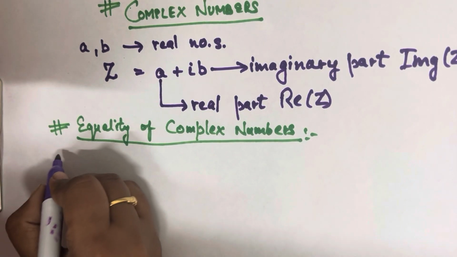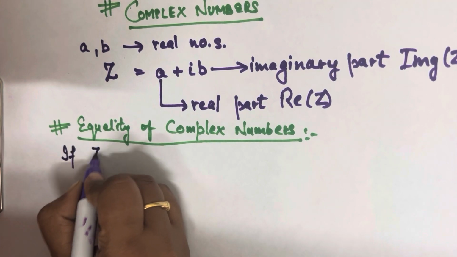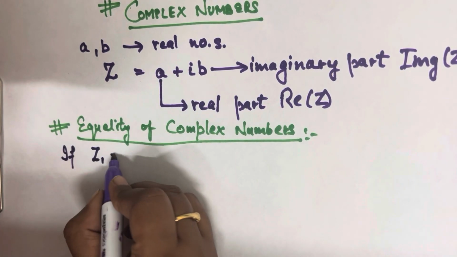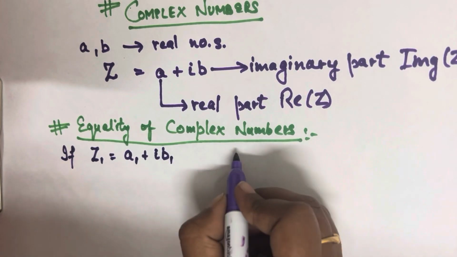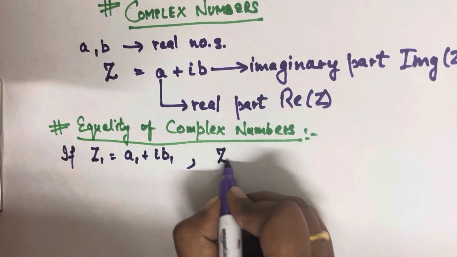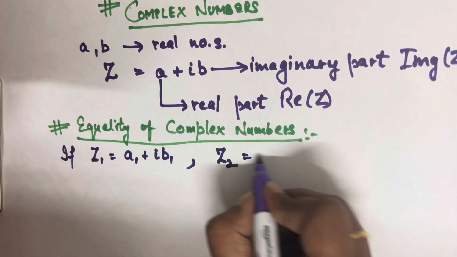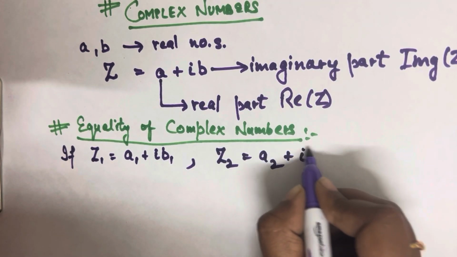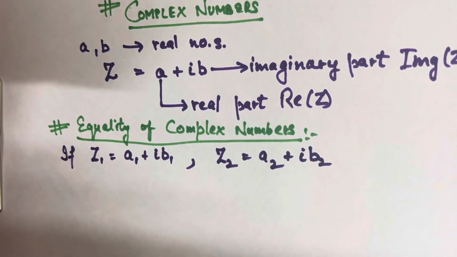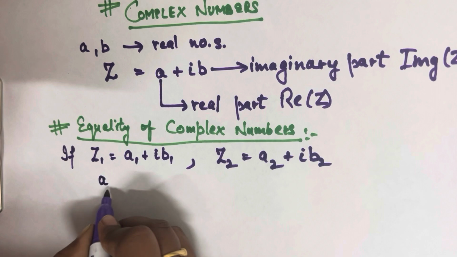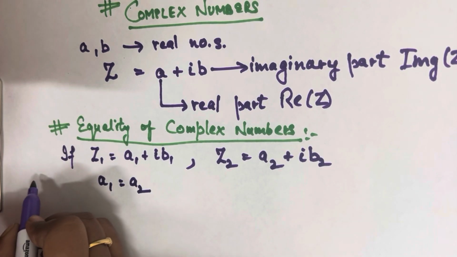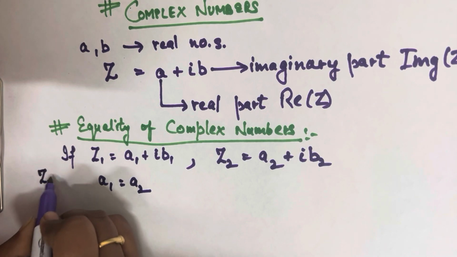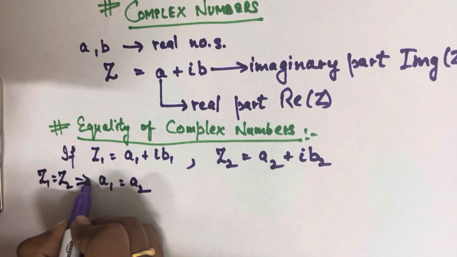That is, suppose z1 is a complex number equal to a1 plus iota b1 and z2 is another complex number equal to a2 plus iota b2, then equality means what? a1 will be equal to a2 if z1 equals z2.